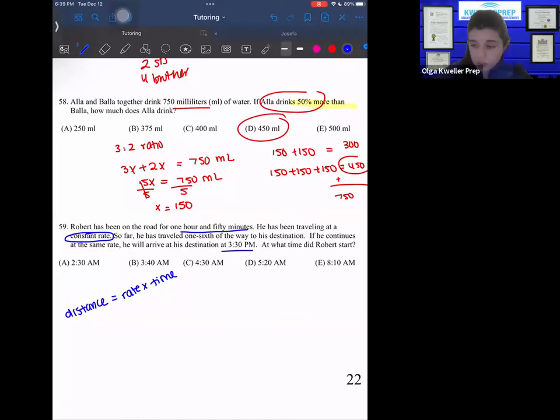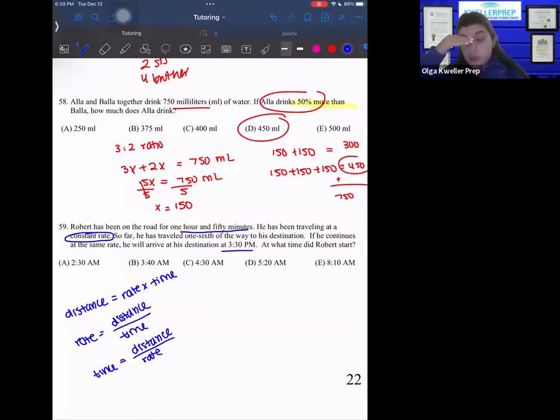So if we know distance, we can also say, well, rate then equals distance over time. And then we can say, well, time equals distance over rate, right? So you don't have to know all 3 of them. They're all equivalent, right? If you know one, you can get to the other one. So I usually recommend that students just memorize one, whichever one you like. So we have that relationship that distance is equal to rate times time.